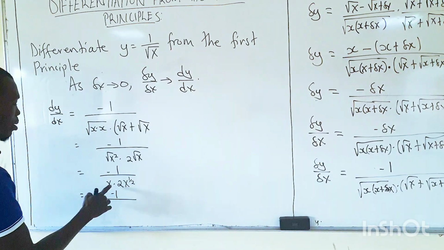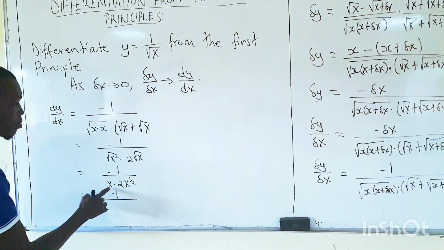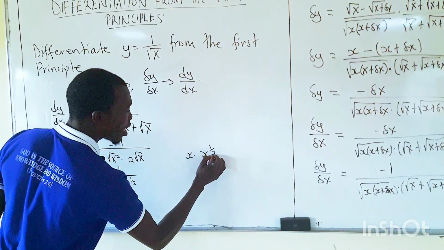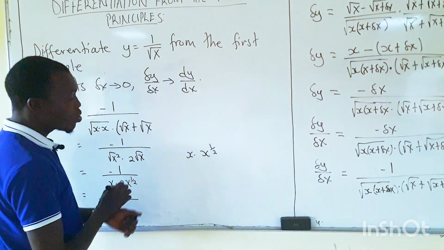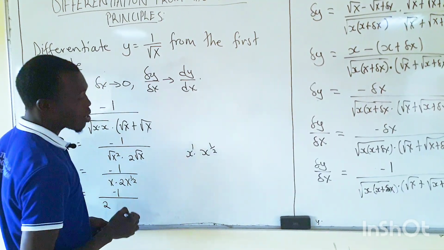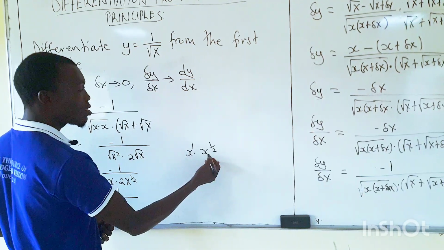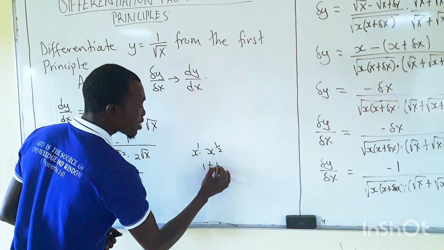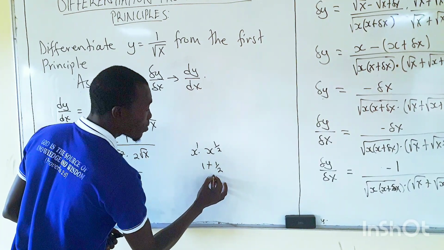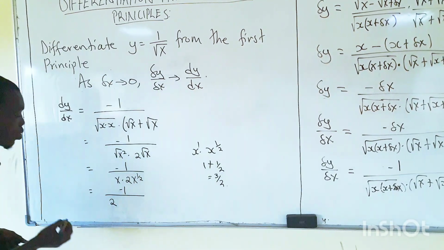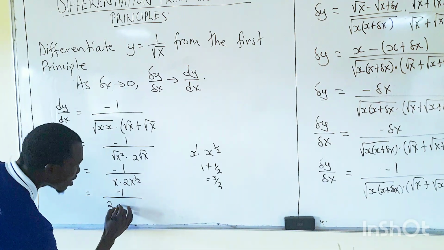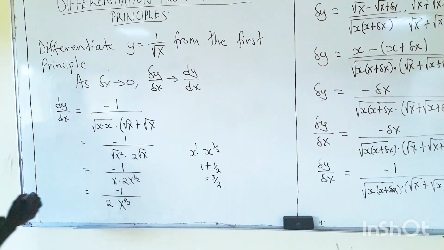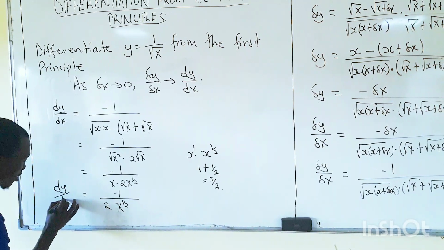When you add the powers of x, because here we have x times x to the power a half, from the rule of indices we know that here is power 1, and when you have a common base, we add the powers. So if we add 1 plus a half, this is the same as 3 over 2. So our answer down here we shall have x to the power 3 over 2 as the final answer of dy dx.